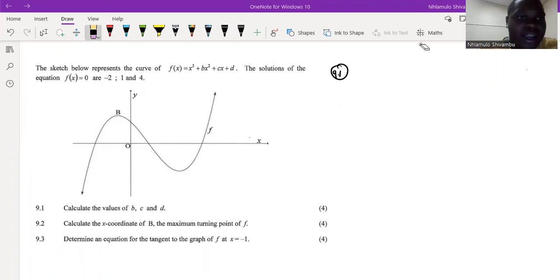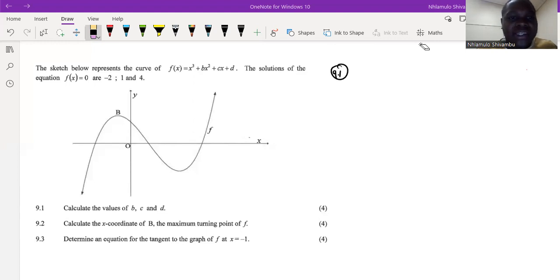Let us read the description statement and check what we are given. It is very important for us to start by checking what we are given in the description statement. So it reads as follows. The sketch below represents the curve of f of x equals x to the power 3 plus b x to the power 2 plus c times x plus d.